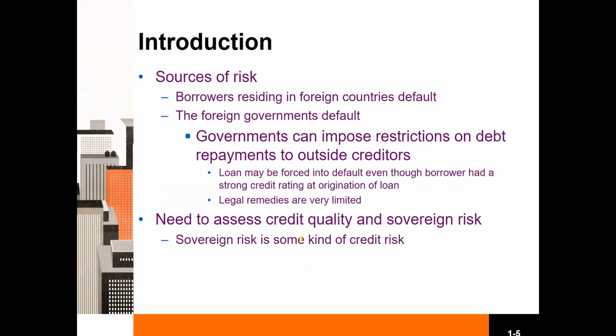Secondly, and this is particularly unique and important for foreign lending or foreign investment, lenders must assess the sovereign risk quality of the country in which the borrower resides. Should the credit quality of the borrower be assessed as good, but the sovereign risk be assessed as bad, the lender should not make the loan.